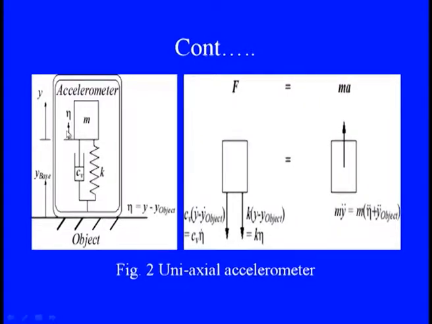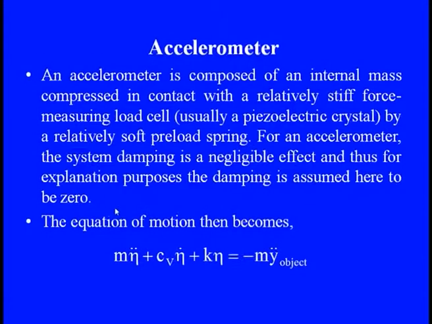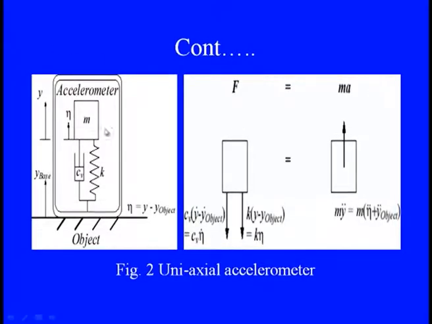That is why previously I showed m η double dot, which is the inertial force within the accelerometer, and then c_v, the damping, and the restoring forces of the accelerometer.